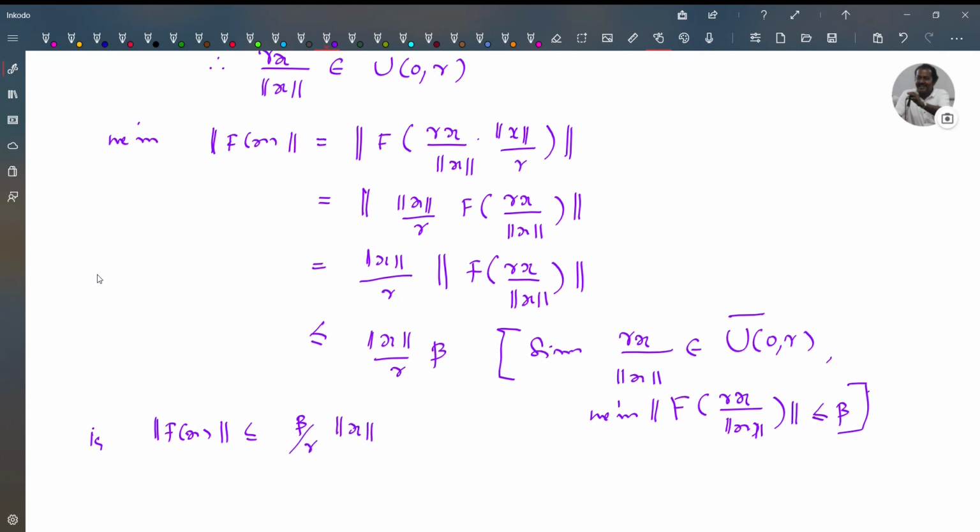Let beta by r be equal to alpha. Since beta is greater than 0 and r is greater than 0, alpha is greater than 0. Therefore, norm of f(x) is less than or equal to alpha times norm x for all x in X and some alpha greater than 0.